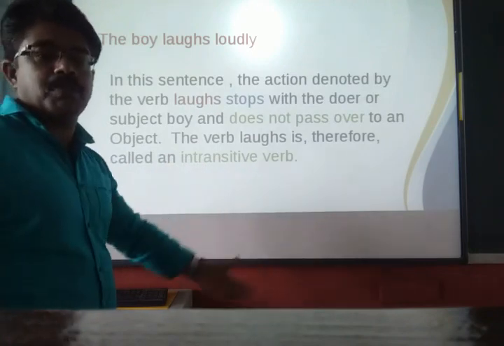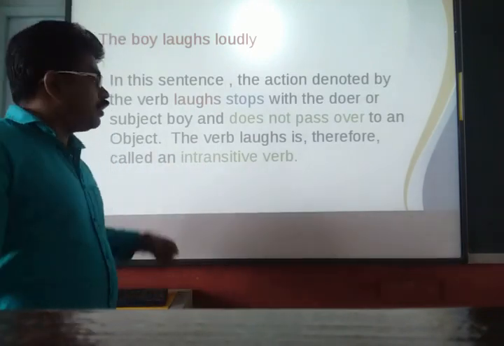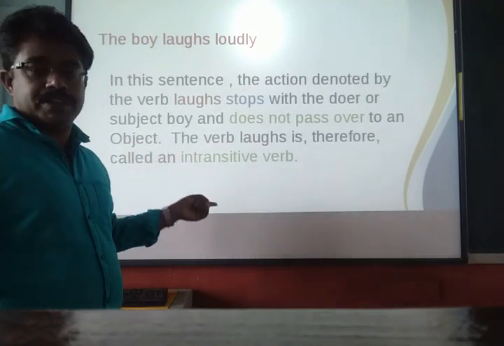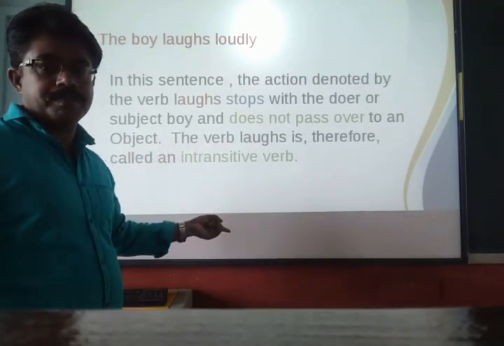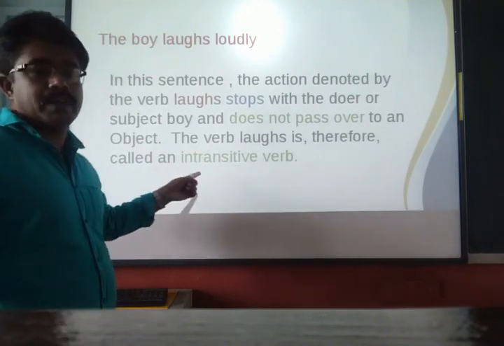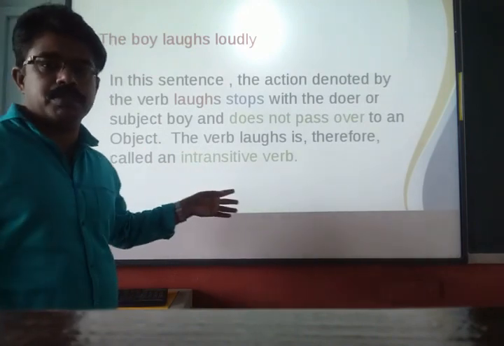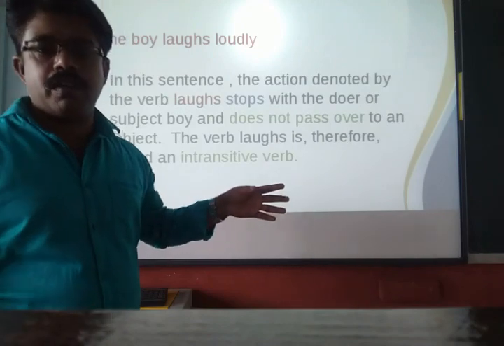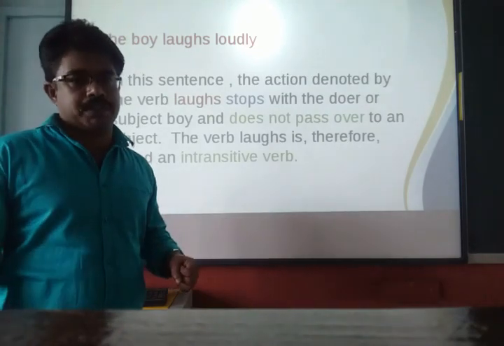So typically this is what we said about transitive and intransitive verbs. What is a transitive verb? How do we identify it? Then we said an intransitive verb does not move from the doer to the object.